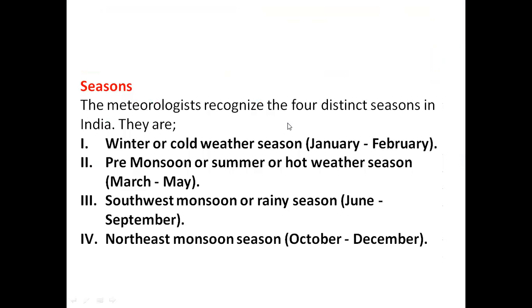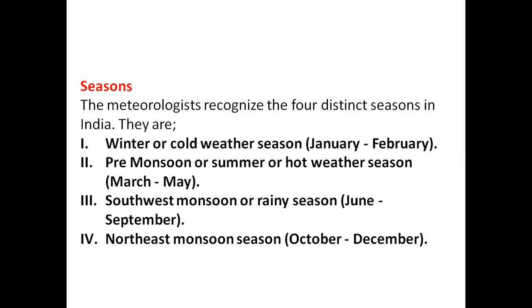So the next concept is season. These are the different seasons in India. Winter or cold weather season is during January to February. The next season is pre-monsoon season, which is the period before the onset of the monsoon season.